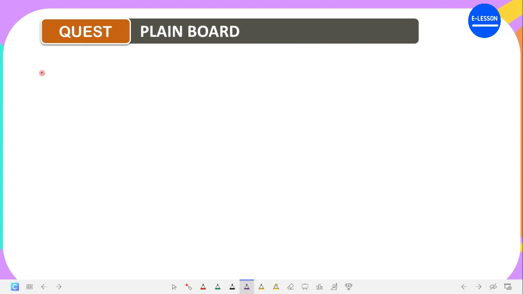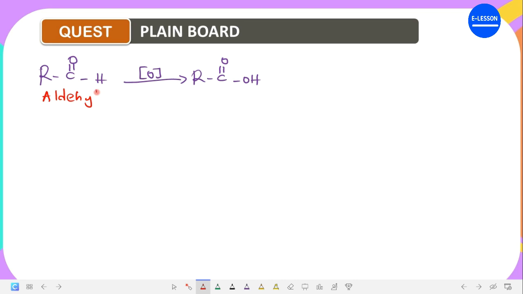So we say aldehyde can be oxidized by an oxidizing agent to give us carboxylic acid.